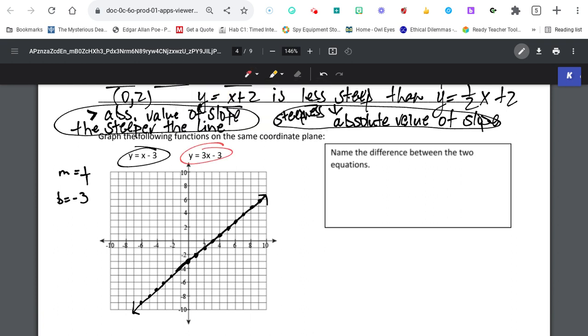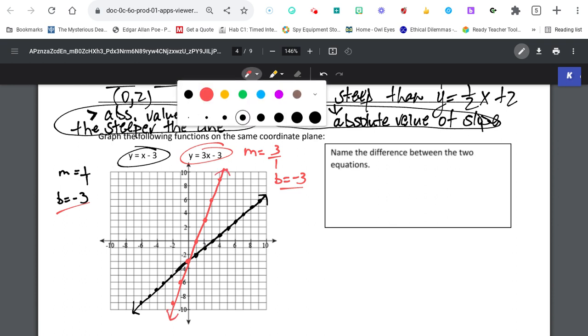And we'll say this has a slope of 3, or 3 over 1, and the y-intercept is fixed, it's -3 on both. But I'm going to go up 3, right 1, or down 3 and left 1. All right, and that's that line.